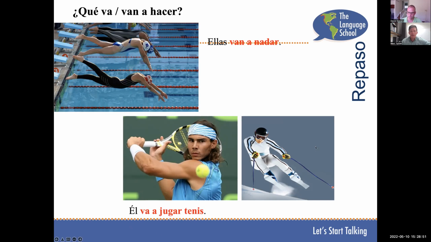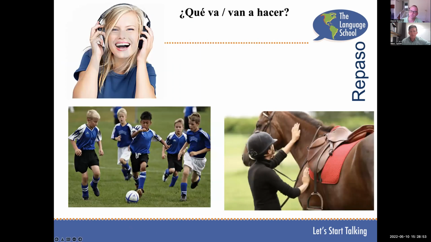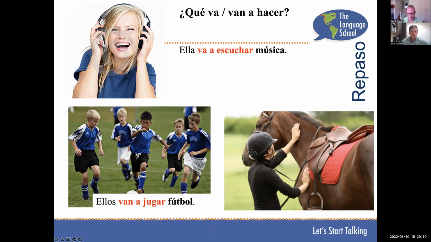Él va a esquiar. ¿Qué va a hacer? Ella va a escuchar música. ¿Qué van a hacer? Ellos van a jugar fútbol. ¿Qué va a hacer? Ella va a montar caballo.